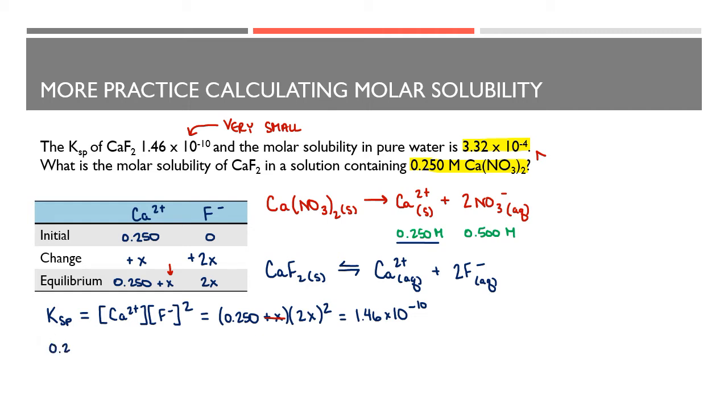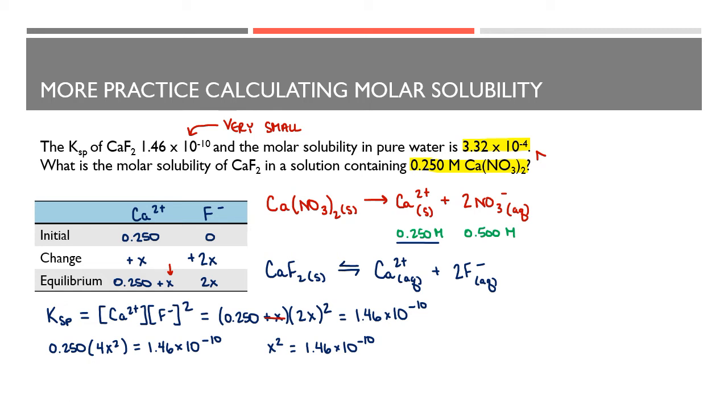So we're going to leave the X out of the equation, and we're going to have 0.250 times 4X squared. So I kind of make the 2 squared and the X squared, and that's going to equal 1.46 times 10 to the negative 10th. Now, 0.250 times 4 is really equal to 1. And then we have our X squared, and that's going to equal 1.46 times 10 to the negative 10th.